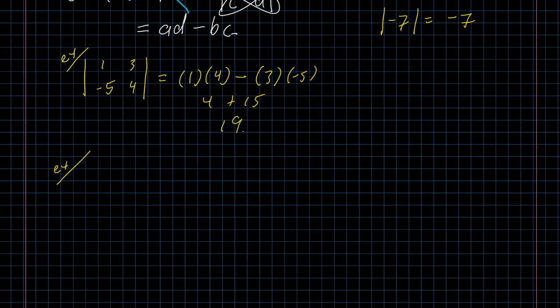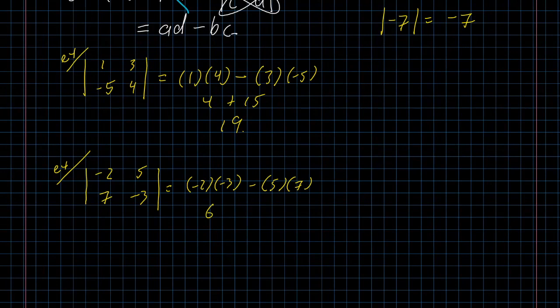One more example just to highlight, even though we use things that look like absolute value bars, this is not absolute value. You can get negative numbers when you take a determinant. -2, 5, 7, -3. All right, -2 times -3 minus 5 times 7 is 6 minus 35, which is -29.